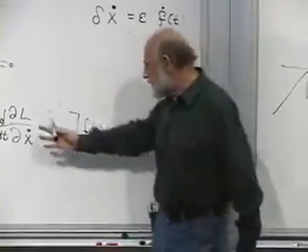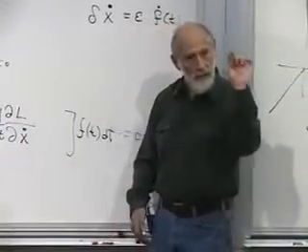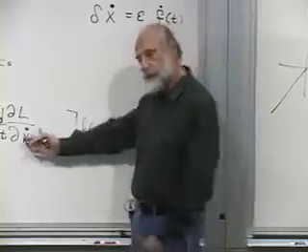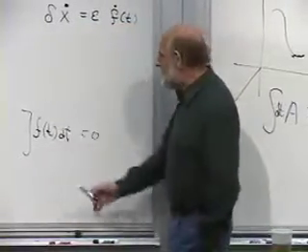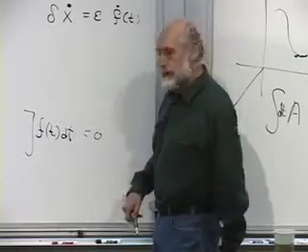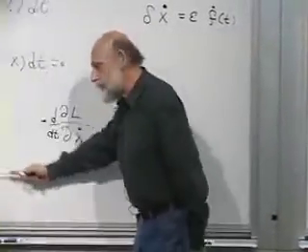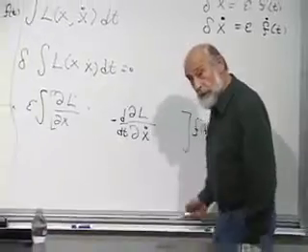F not equal to 0, this thing not equal to 0, over a small enough range, we'll get something not equal to 0. So the only way that an integral like this can be 0 for every possible f of t is for the integrand here to be 0, for the thing in the bracket to be 0.